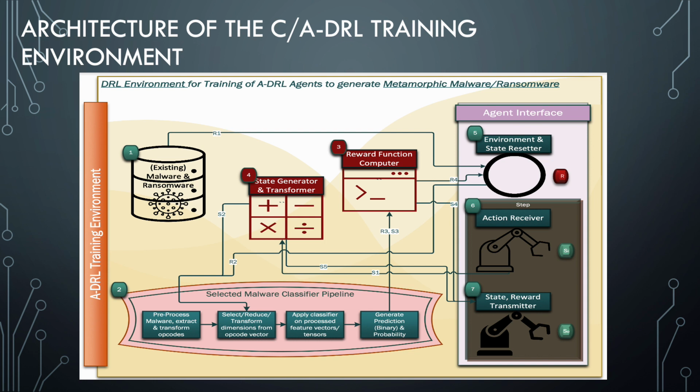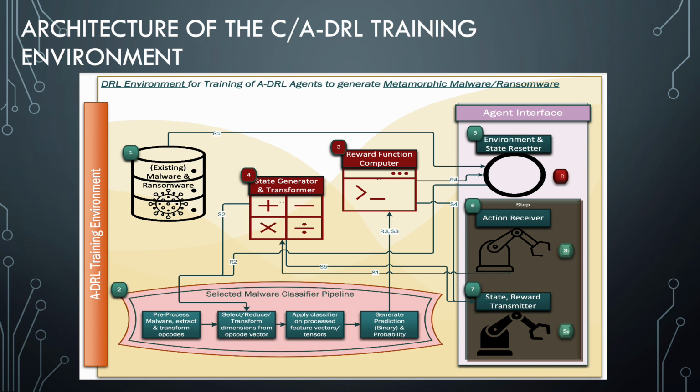Now, reinforcement learning systems require an environment which mimics a Markov decision process so that the system could be trained and then deployed into real life scenarios. For the training of this particular system, both for CADR and ADR, we have similar types of environments, just the positioning of the components is different and the flow is slightly different.